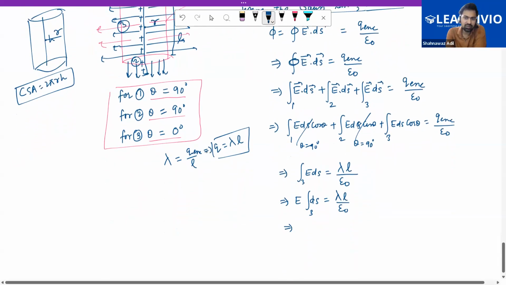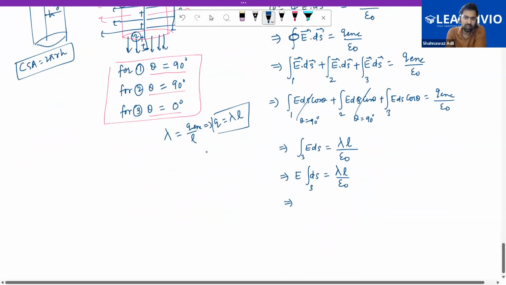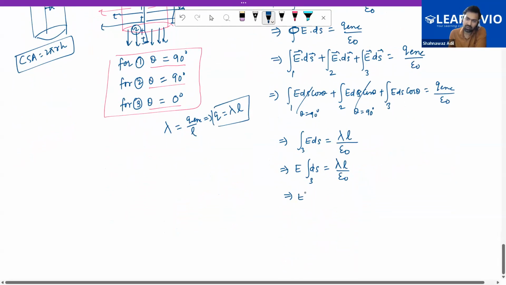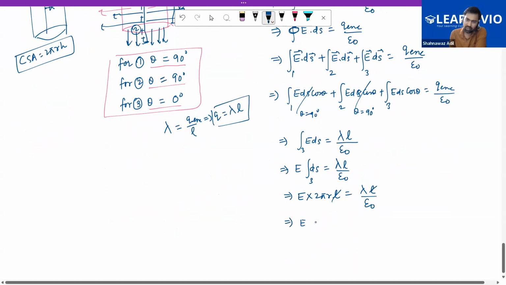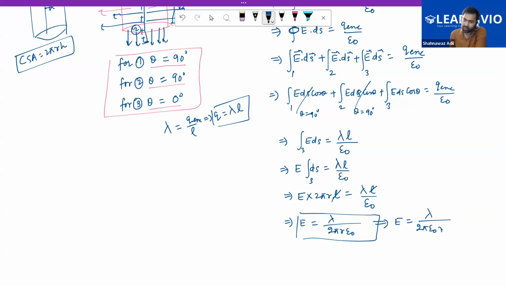Is it clear? So in our case, this would be simply 2 pi r and L, and this equals lambda L by epsilon naught. L will cancel, and the electric field would be lambda by 2 pi r epsilon naught.